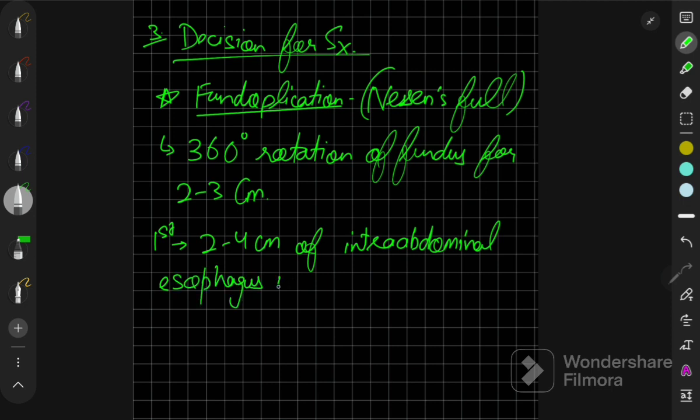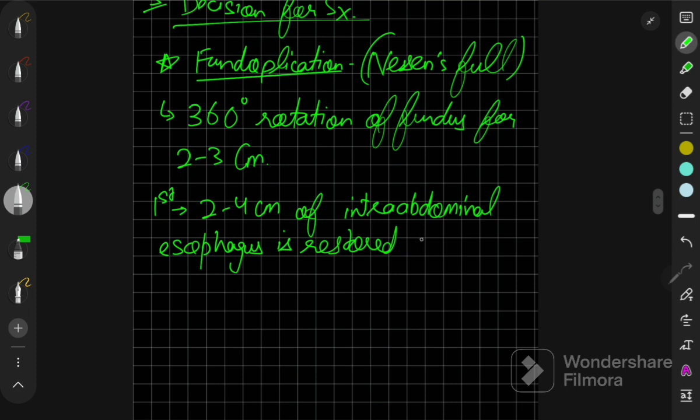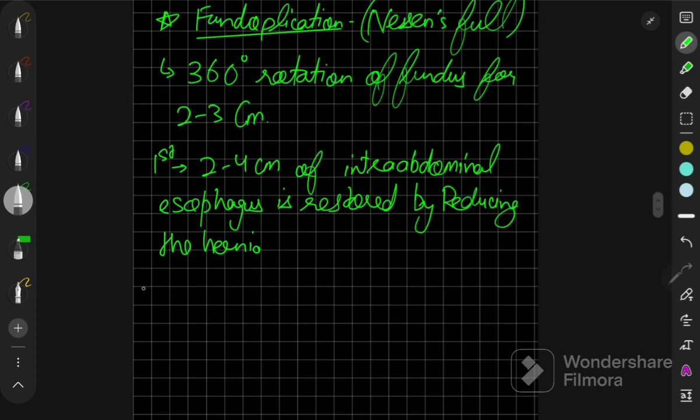Esophagus is restored by reducing the hernia. Then second step is suturing the hiatus. Repair of the hiatus.